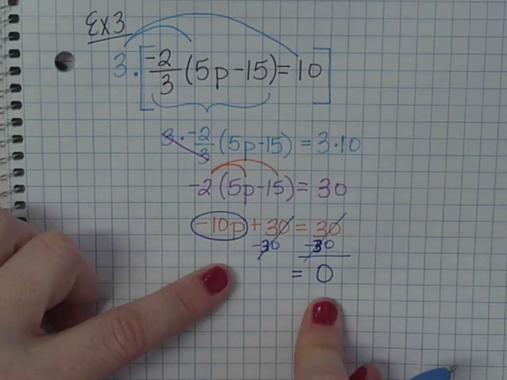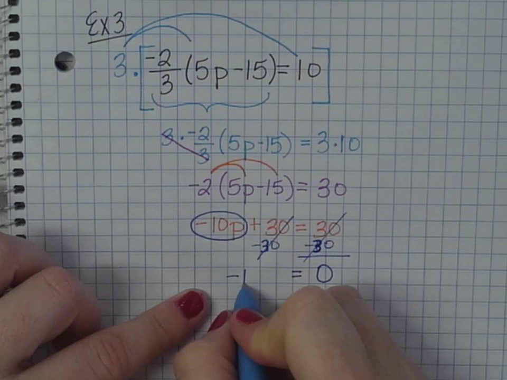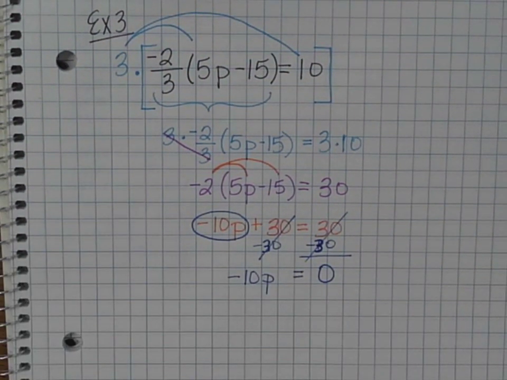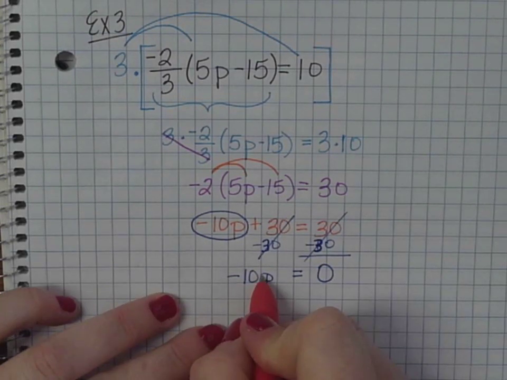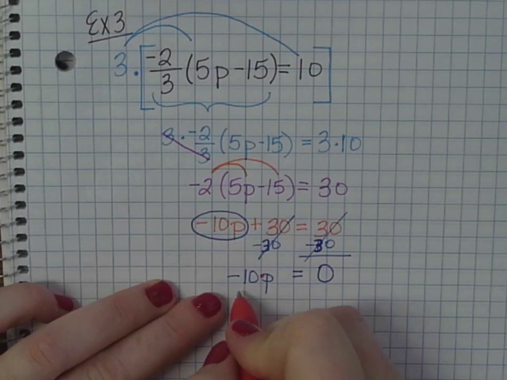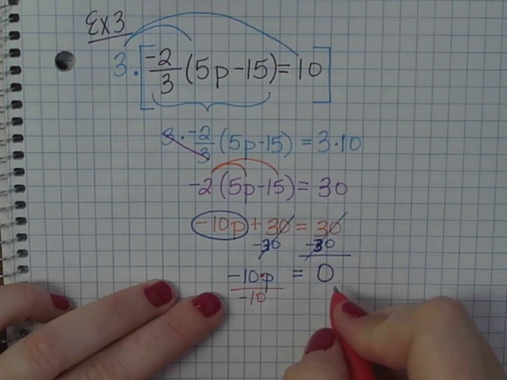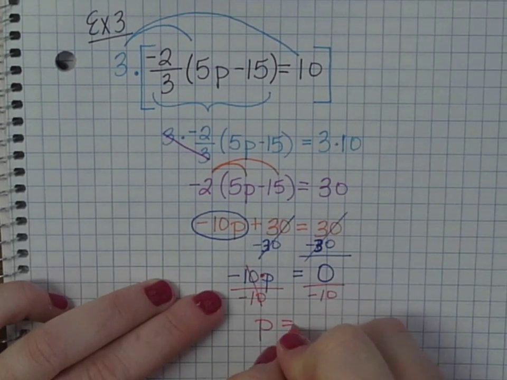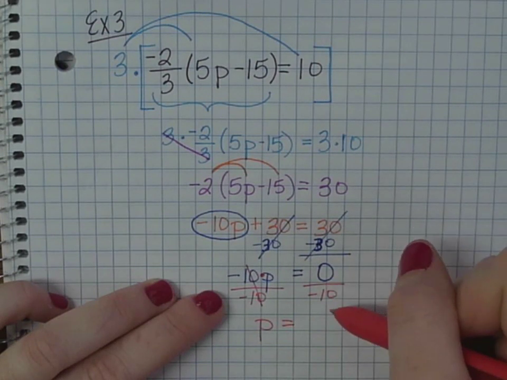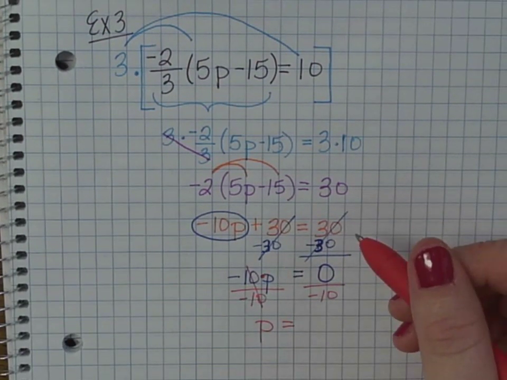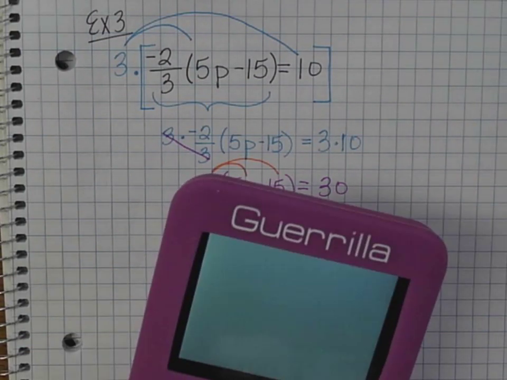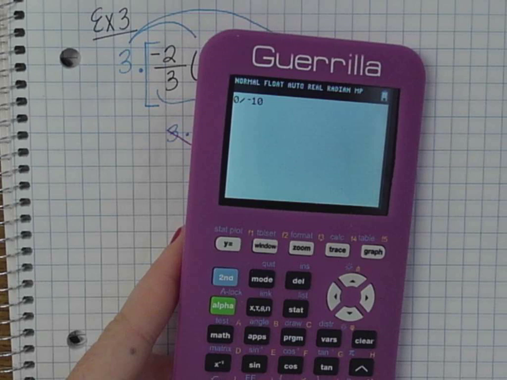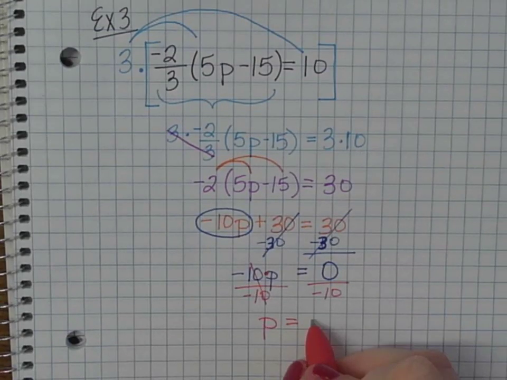So make sure you put a 0 there. Then it'd be -10p. It's -10 times p, so divide by -10. P would equal 0 divided by -10. 0 divided by -10 is 0.